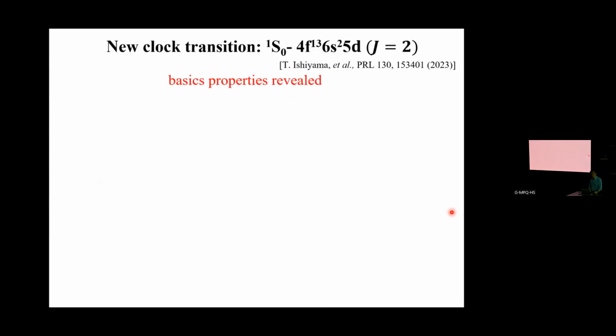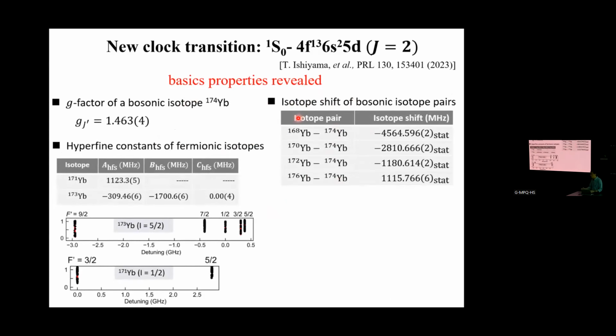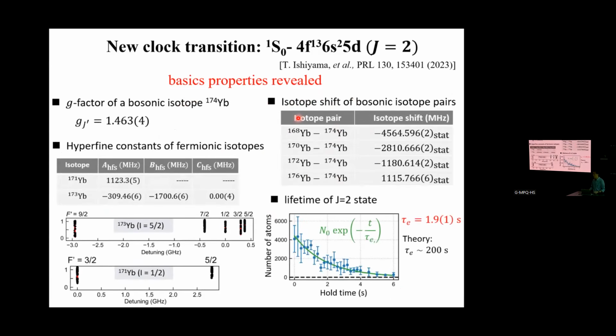We revealed the basic properties of this ultranarrow optical transition, like g factors, isotope shifts between bosonic isotope pairs, hyperfine constants of the fermionic isotopes, and also the lifetime.